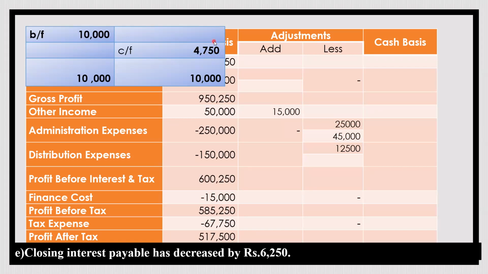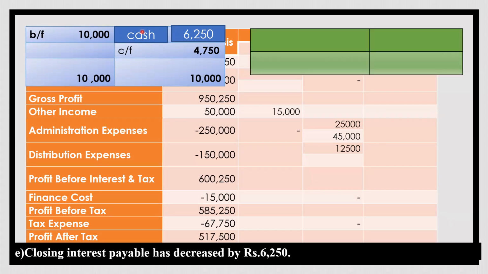So the difference is 6,250. This difference is due to the cash which we have paid, right? So now let's see the impact in the cash account. In the cash account, this should be debited. Therefore, we have to add them back.